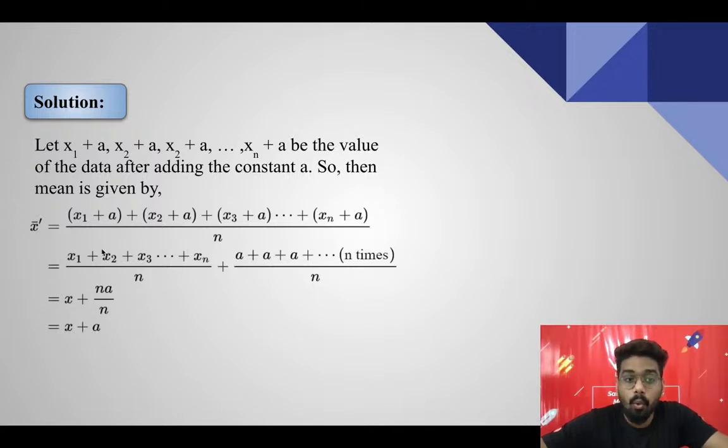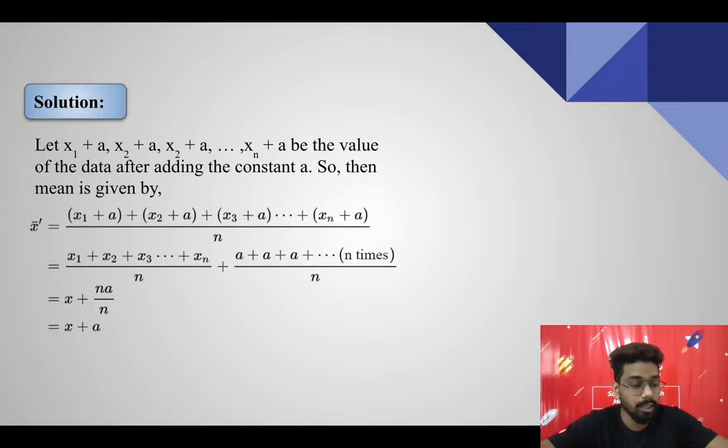Now what will happen when we add a to every value? This is your summation, x1 plus a, x2 plus a, then we will separate them, x1 plus x2 plus x3 till xn, plus a summed n times. So na by n, and what will the mean become? This is x. x plus na by n is x plus a. This is how you will do this question.